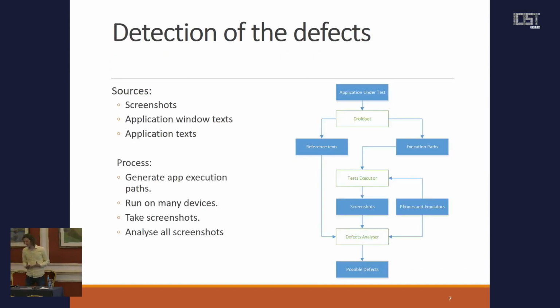So how it works, I already mentioned a little bit before. We have an application which we want to test. Of course, we are not presenting everything from scratch. There is already some work done, with some papers, articles, and amazing tools. We have one tool called DroidBot.